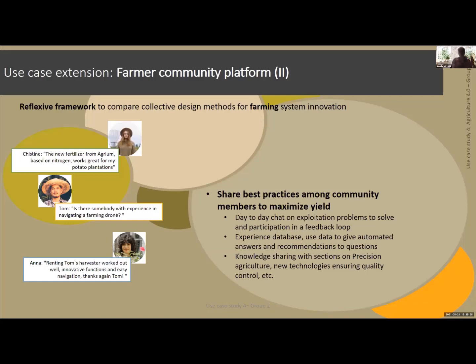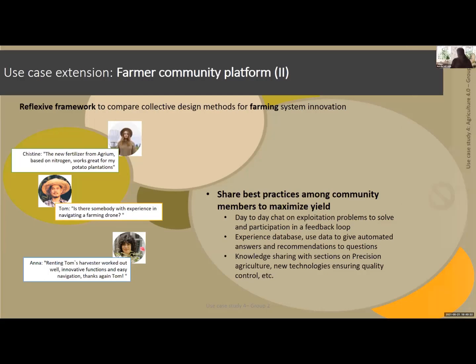The human interface is also a way to get the administrator of the platform who is going to manage all the data, and to implement maybe how the knowledge can be shared in sections, to get specific sections on precision agriculture, on new technology, ensuring quality control. And you can also have moderators behind who are there just to manage how the talks are going.